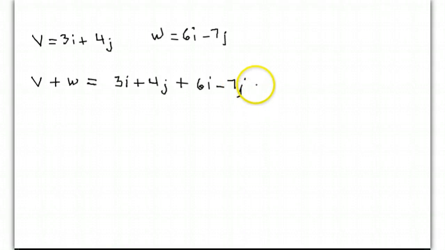So all you do is you simply add up the like terms, which is 3i and 6i, and that gives you 9i. And you add up the 4j minus 7j, that gives you a negative 3j. So the vector v plus w is actually 9i minus 3j.